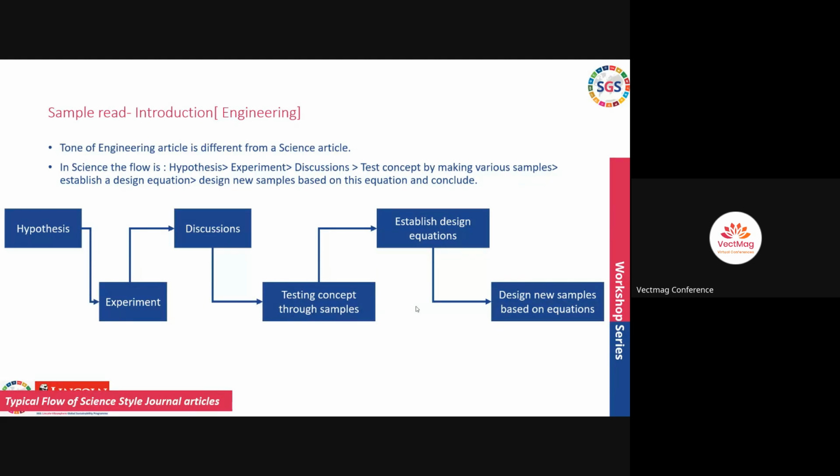Then, using the discussions, you test the concept by making many more samples, and after making the samples, you come to the design equations. You establish mathematical equations that govern the scientific principle, and then using those equations, you design new samples. So that is a typical flow of a science article.